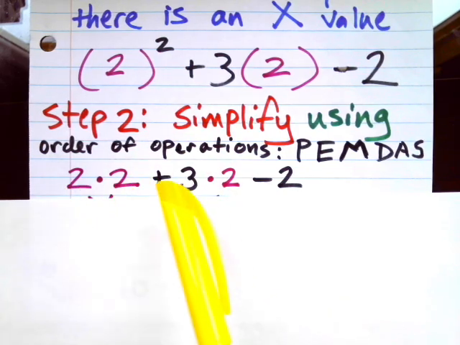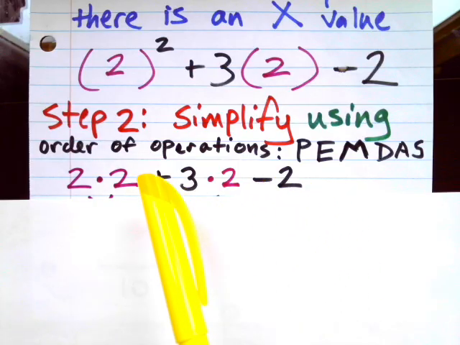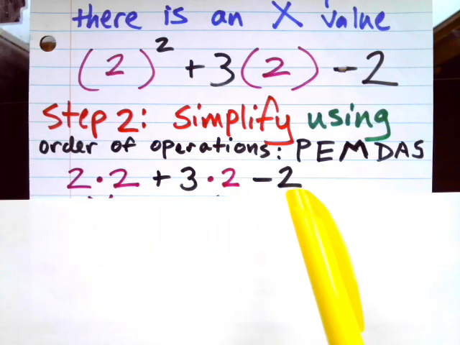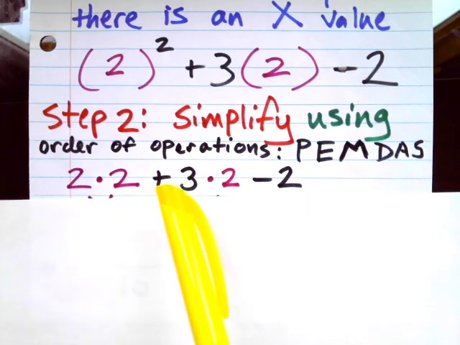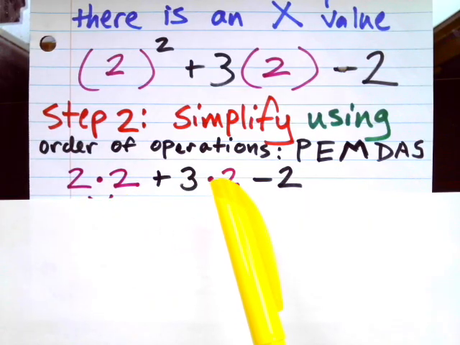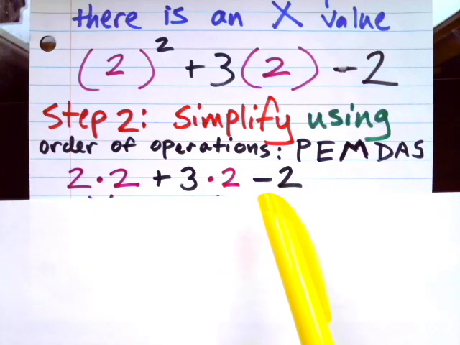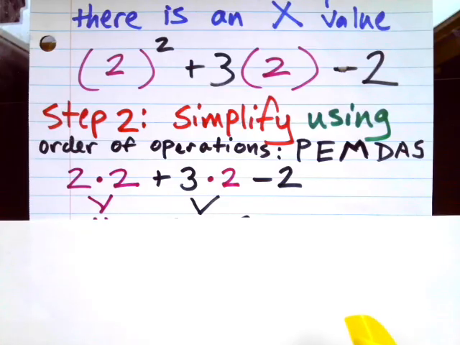I'm going to take this step by step, and whatever I don't simplify, I rewrite. So the exponent is 2 times 2. I'll work on that, but then I'm going to rewrite the plus 3 times 2 plus a negative 2, going in order. Here I kind of skipped the step of rewriting, and I'm going to do the exponent first.